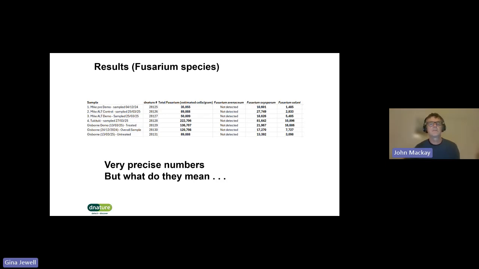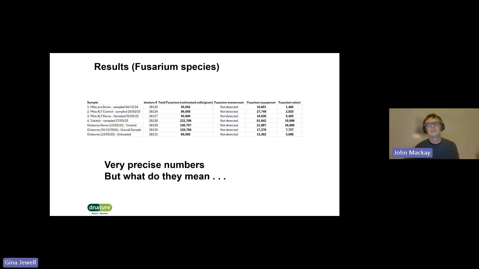So you can see here that we've got total Fusarium, estimated cells per gram of soil, Fusarium avenaceum, Fusarium oxysporum, and Fusarium solani. And the thing is, we get very, very precise numbers there. That's a very reproducible number, PCR-wise. But the fact is, it still raises the question, what do they mean?